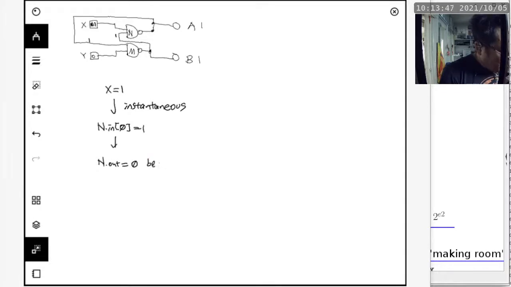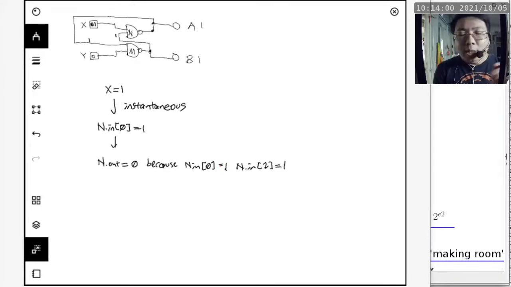I'm going to explain here, because n.in0 is a 1, and n.in1 is also a 1 at this point. So this one does have a propagation delay.